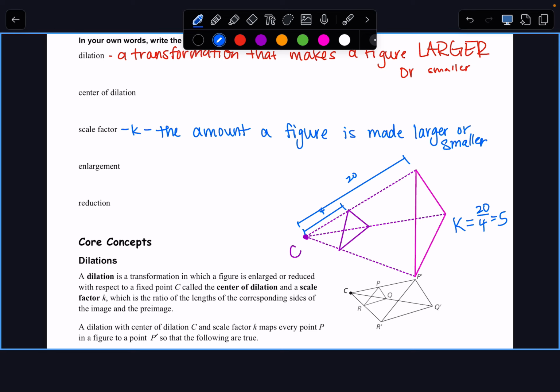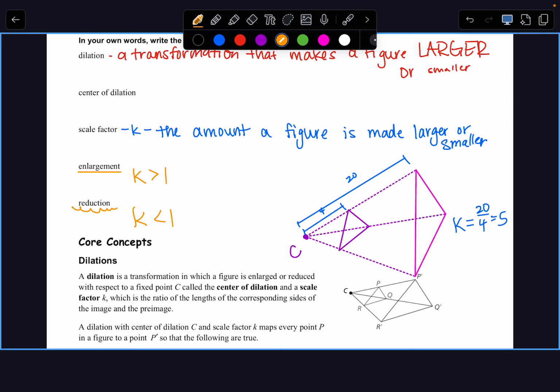We are going to have an enlargement, which means our shape is getting bigger, if our scale factor is greater than 1. We are going to have a reduction if our scale factor is less than 1.